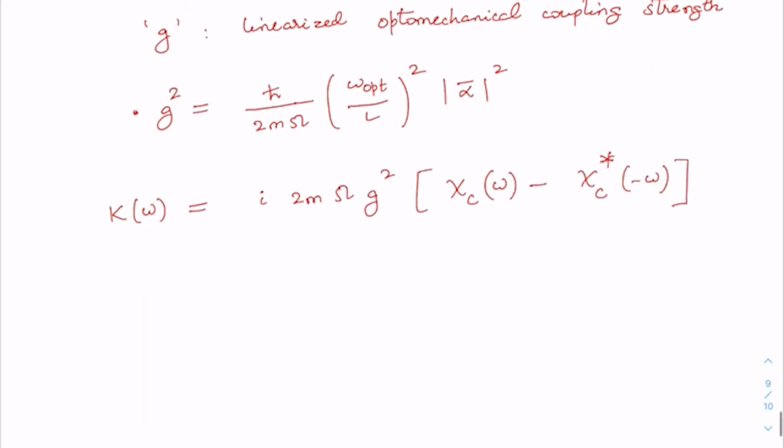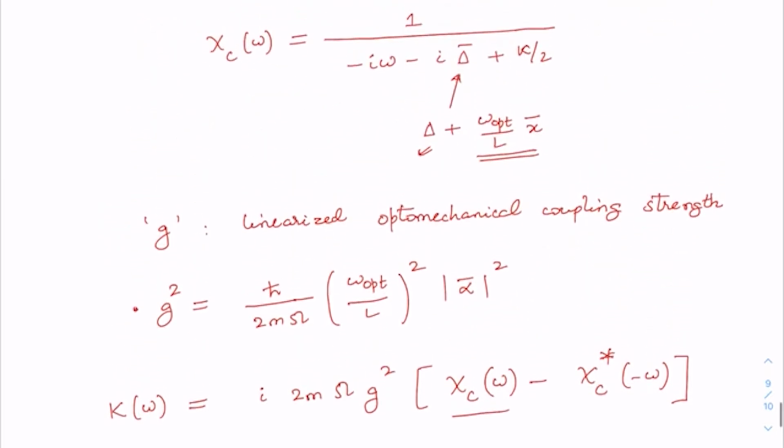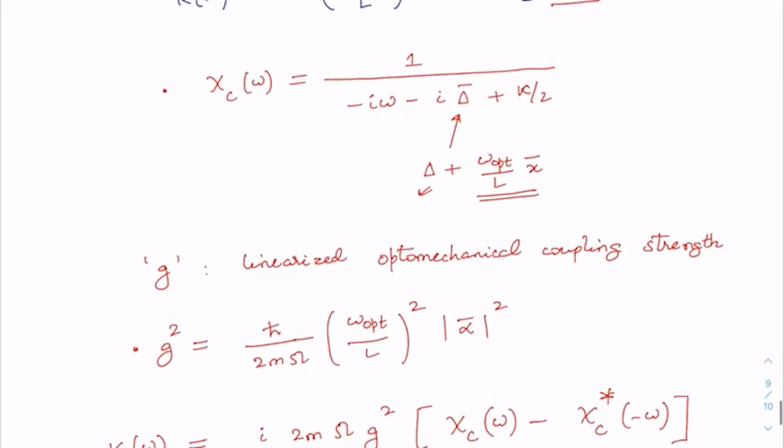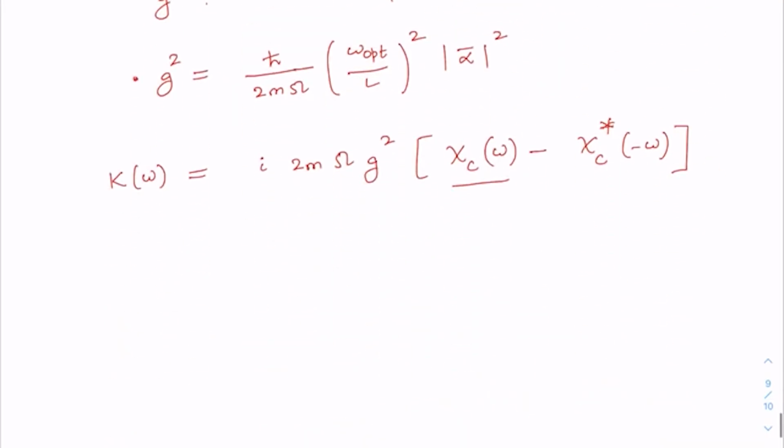Now we can put the value of chi c and its complex conjugate evaluated at minus omega from this expression, and then, because this is a complex quantity, we can find the real part of K of omega and the imaginary part of K of omega.